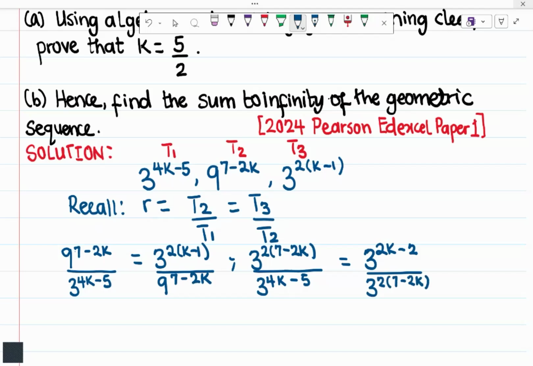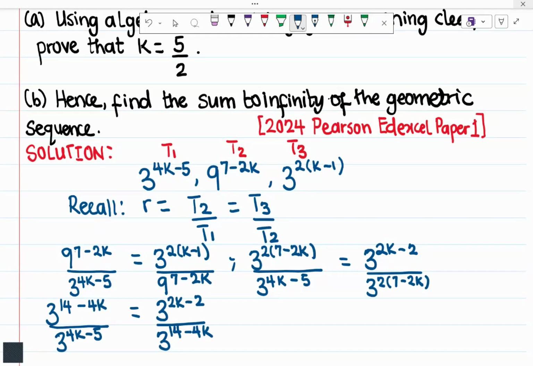If I expand my bracket, that will become 3 raised to the power 14 minus 4k over 3 raised to the power 4k minus 5 equals 3 raised to the power 2k minus 2 over 3 raised to the power 14 minus 4k. If I solve this further, we'll be applying what?